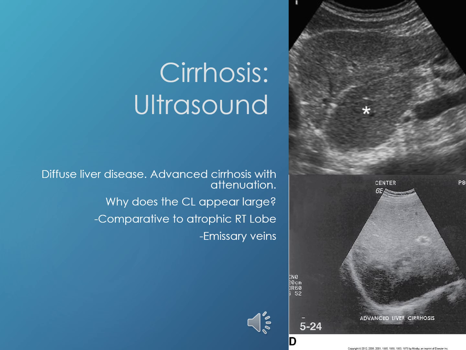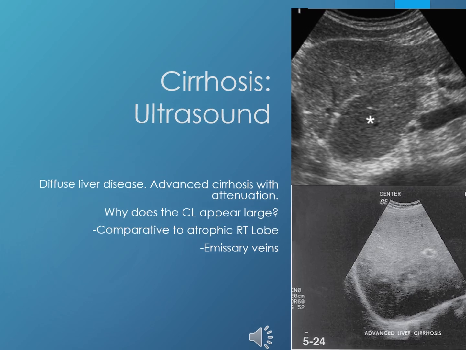You'll learn all of that stuff in Vascular 2. But these little emissary veins are patent and trying to get the blood out of this cirrhotic liver, okay? So those guys are working super hard, and so then that caudate lobe experiences hyperplasia and looks big, just like that.